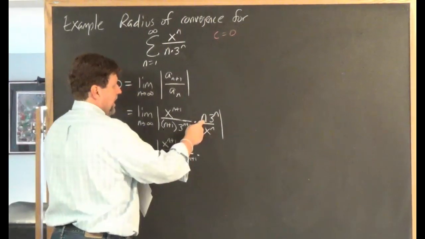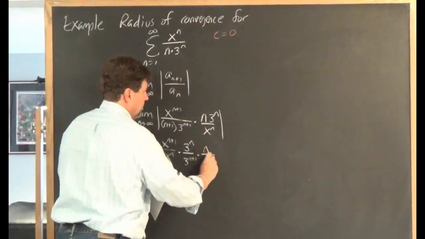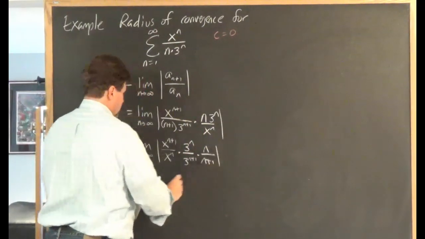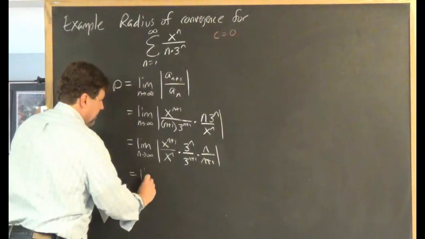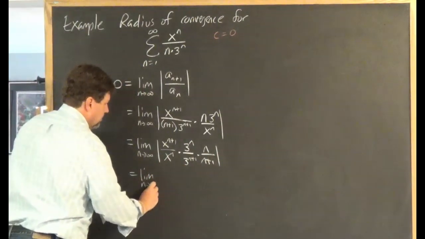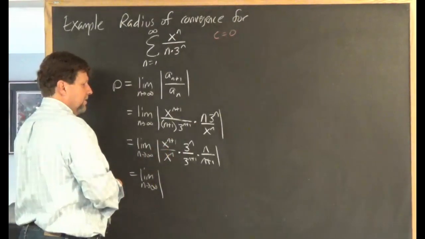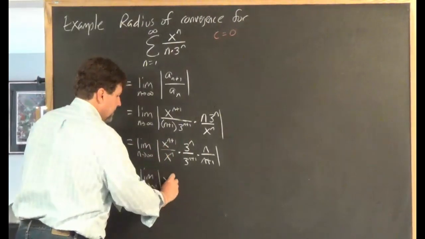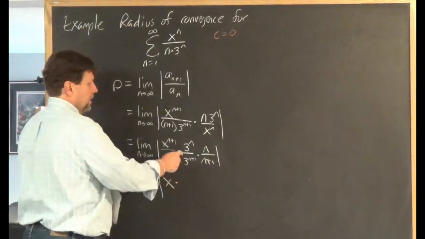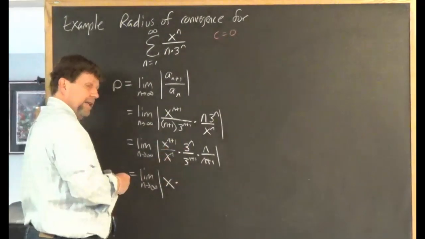And then I'm left with an n over n plus 1. So simplifying, x to the n plus 1 over x to the n, well, that just simplifies to x.